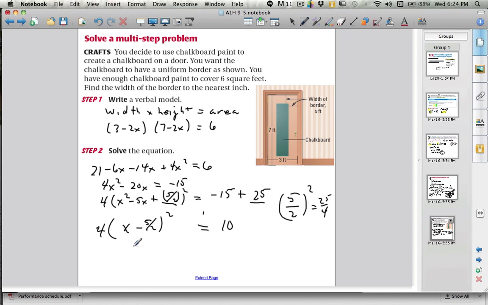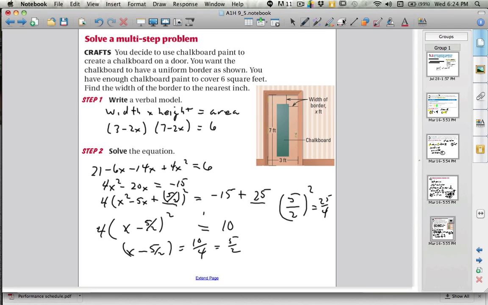Now I'm going to divide both sides of my equation by 4, so I'll have x minus 5 halves squared is equal to 10 divided by 4, which is 5 halves. And then I want to take the square root of either side. Because I'm going to take the square root of either side, I'm not going to bother simplifying this fraction.